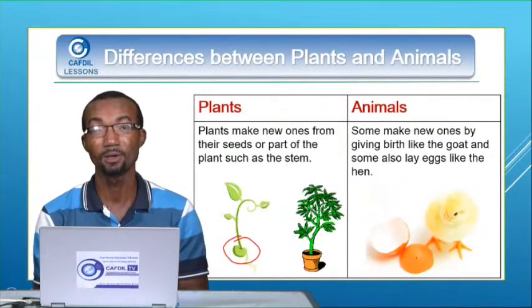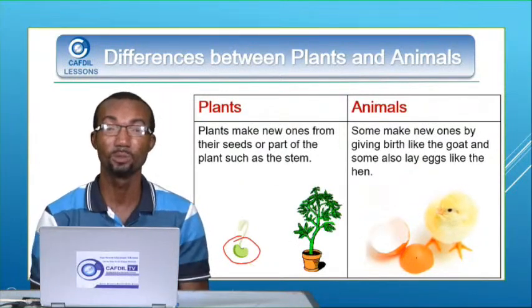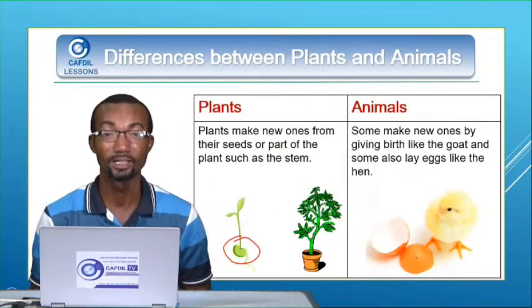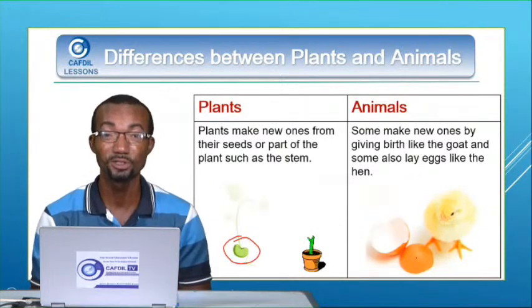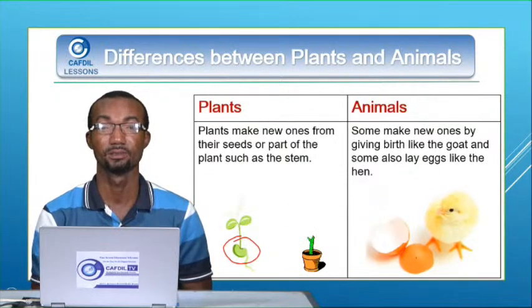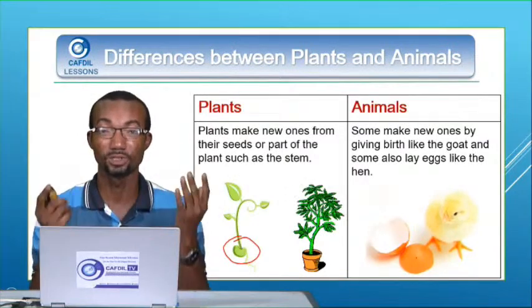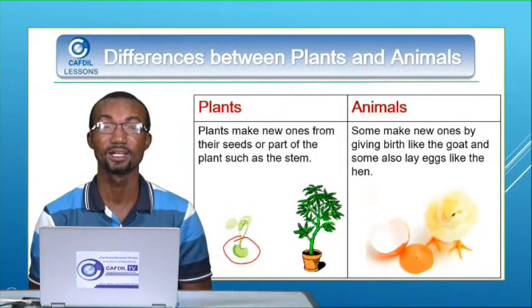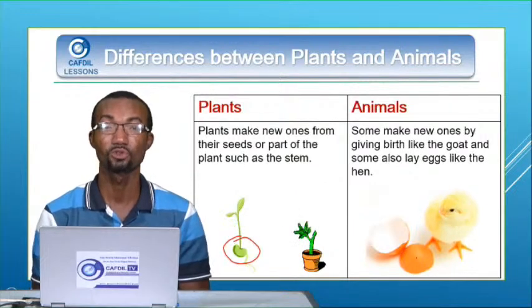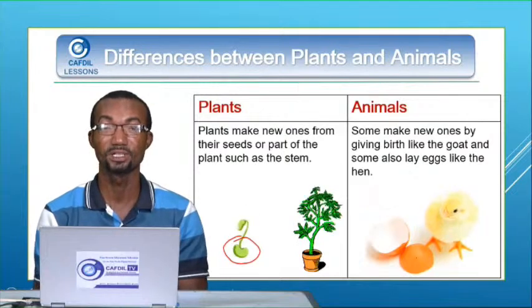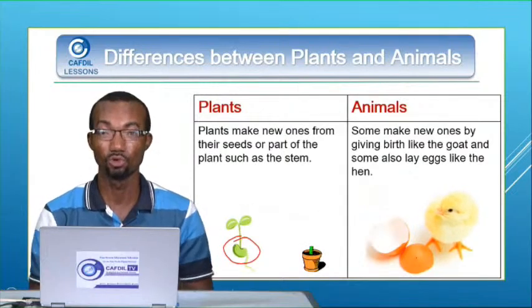Maybe they ate the mango, threw the seed into a bush, and later the seed fell into a good soil and it will germinate. So you may not even know that the seed I threw away at this place is the seed that has grown into this big mango. So plants make new ones from their seeds. Some also use parts of the plant, like the cassava, using the stem to grow new ones.